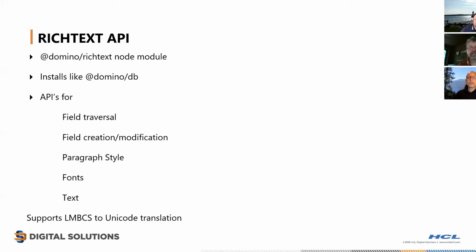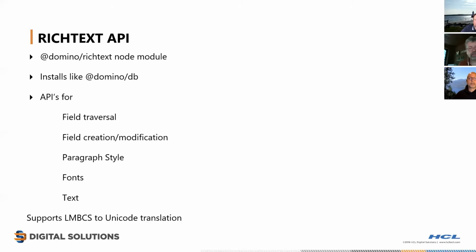And anytime you want to work with it in JavaScript or Java or LotusScript, something has to translate that from LMBCS to Unicode. So that's all had to be done again in JavaScript.